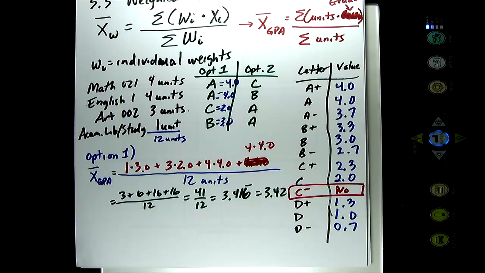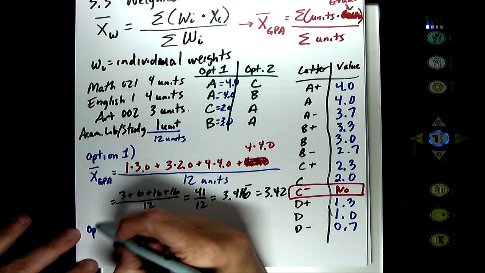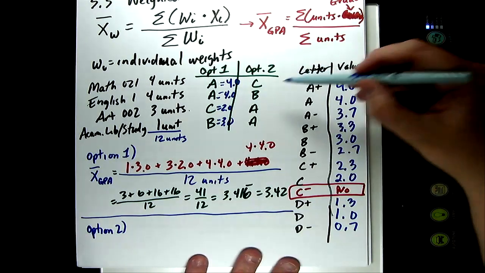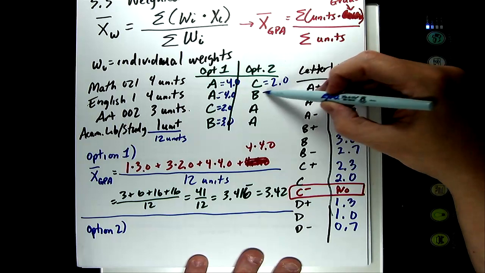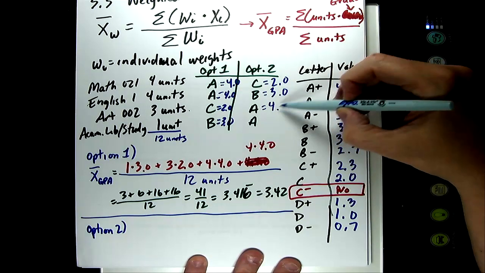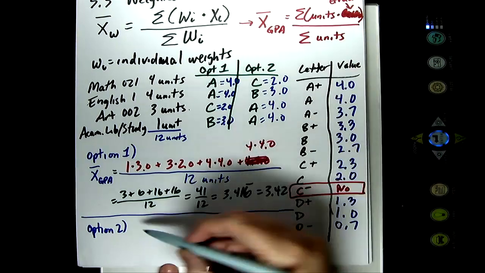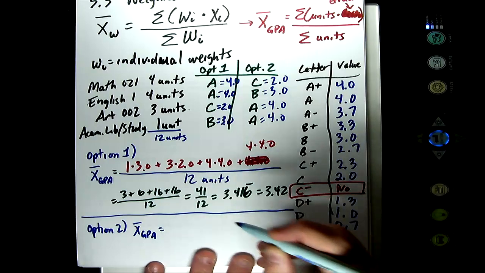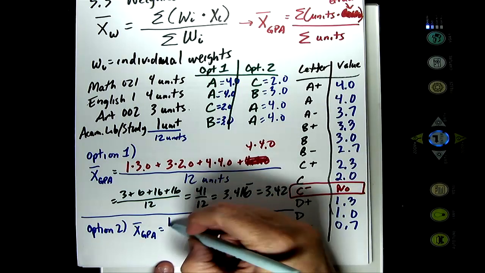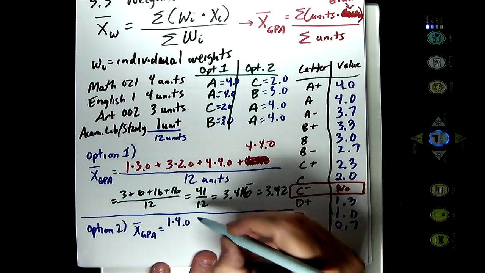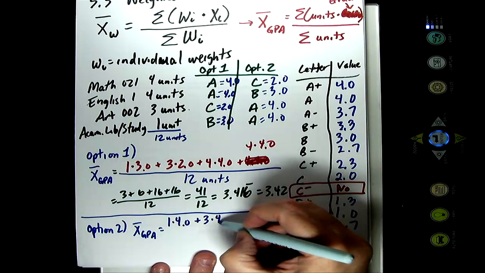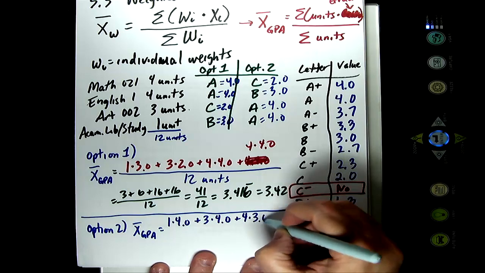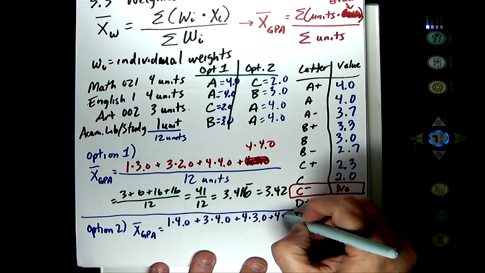Now let's look at option 2. My C was my 2.0, the B is a 3.0, the A is a 4.0, and the A is a 4.0. So if we're going to do our GPA thing here, I have 1 unit times 4.0 plus 3 units times 4.0 plus 4 units times 3.0 plus 4 units times 2.0.